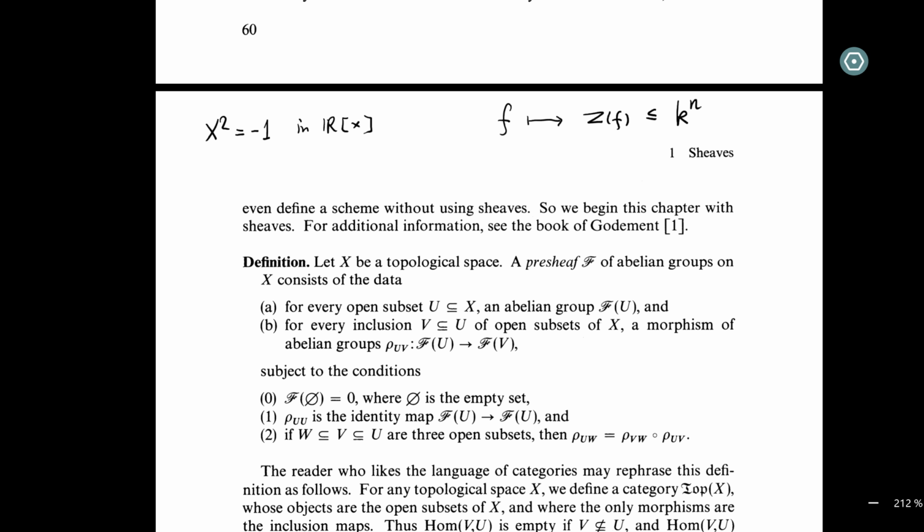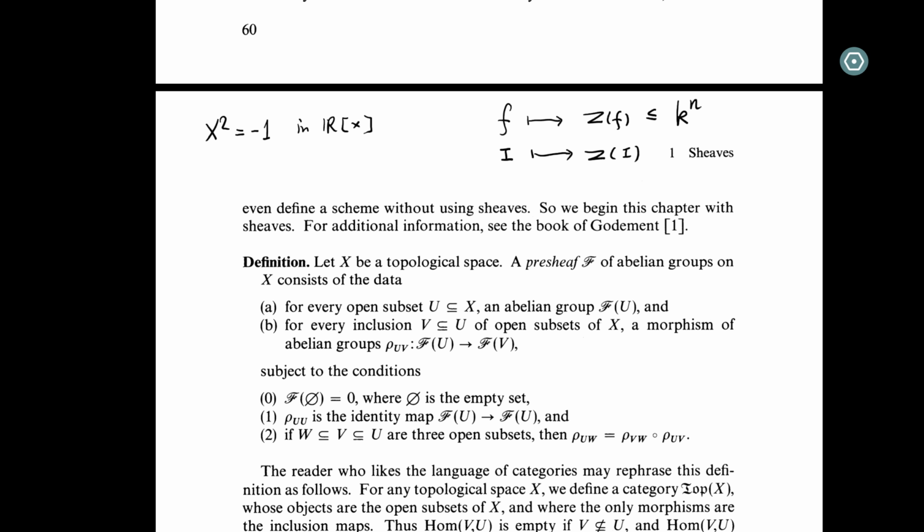This affine space is endowed with the Zariski topology, and the ideal corresponds to the common zeros of all the elements of it.